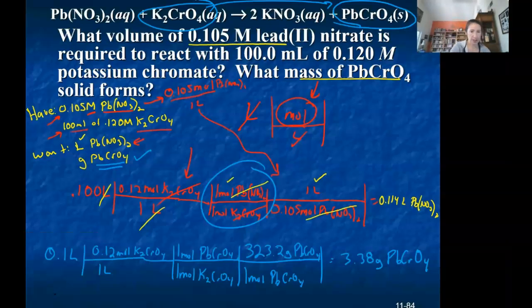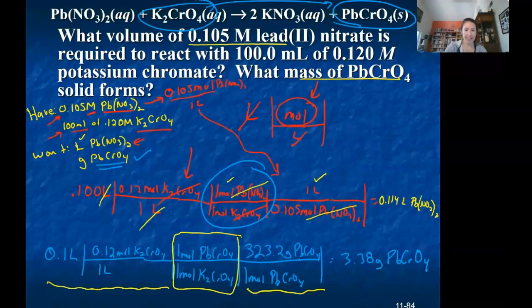Okay, so let's look at that again. In the problem that I just did, this is using molarity, right? This is using molar mass. Our only new piece is that it allows us to do some crazy things with it.